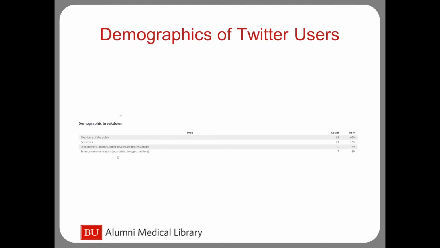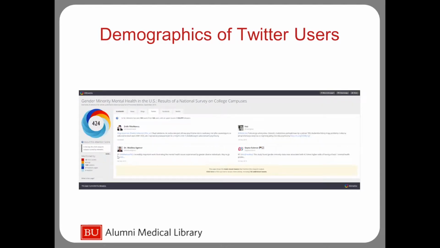You can even drill down on this a bit further, again, back from the altmetric page. You can start to click on those people who tweeted about this paper individually, and it shows us some of the people, just the top 4 that come back in this original search. This Dr. Agenor is a professor over at Tufts, so again, a direct peer, a professor at a medical school, to Dr. Lipson being a professor here at BU. And probably the most important thing here, you don't see it very well, so I'm going to zoom in on that.